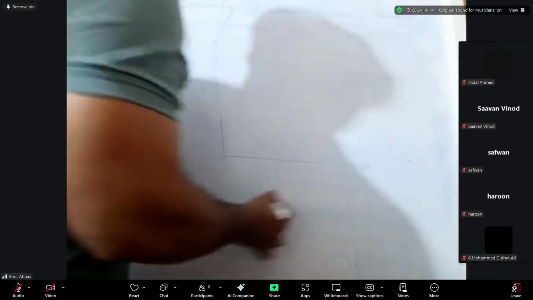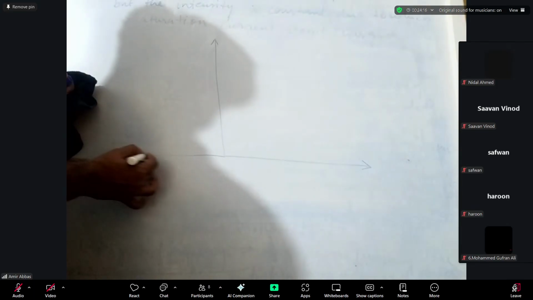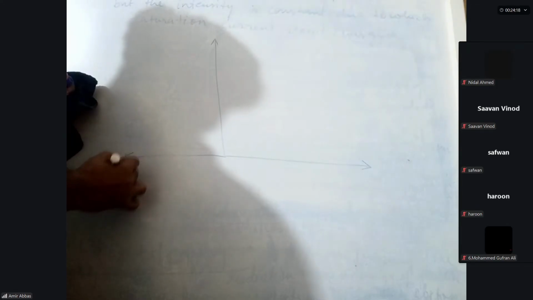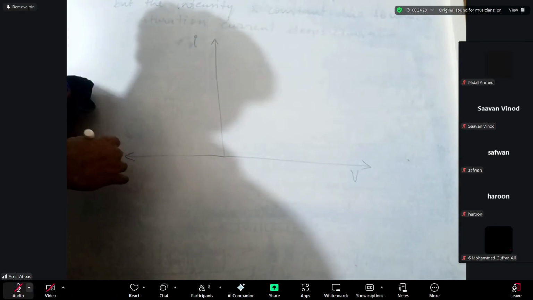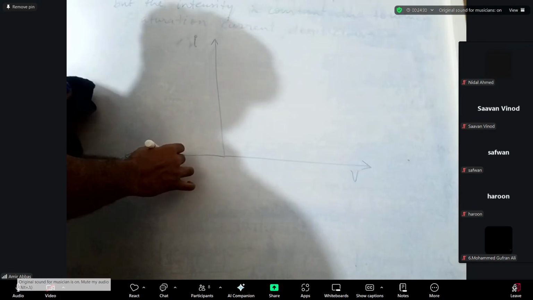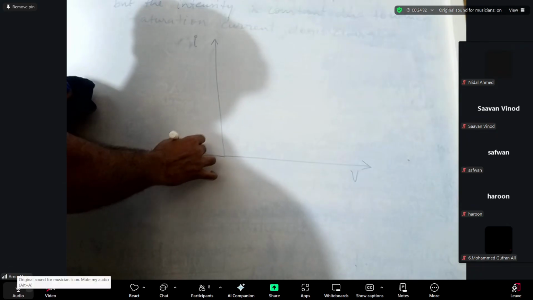What will be the graph regarding frequency? How is it changing with it?